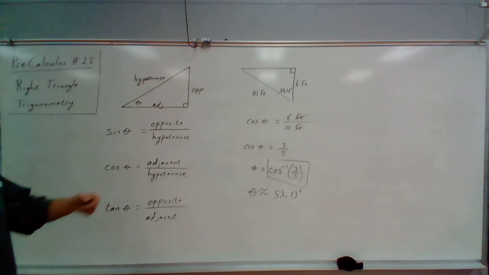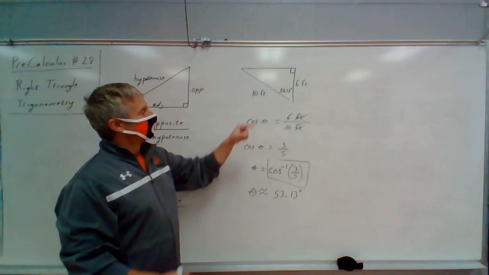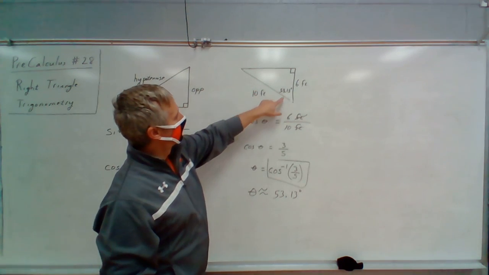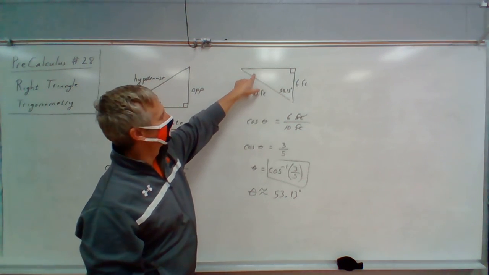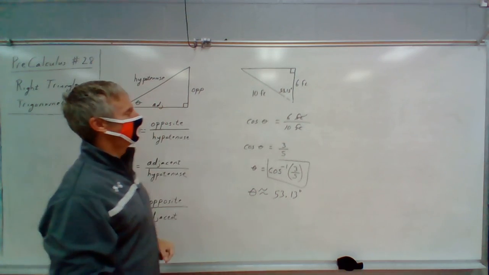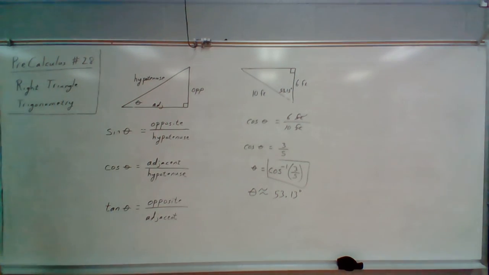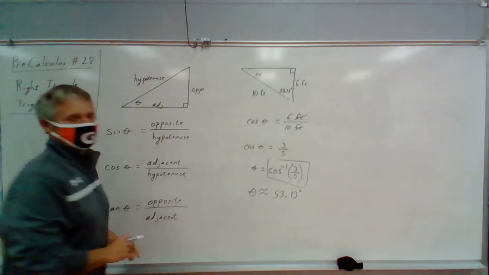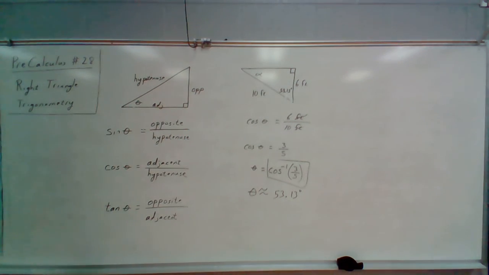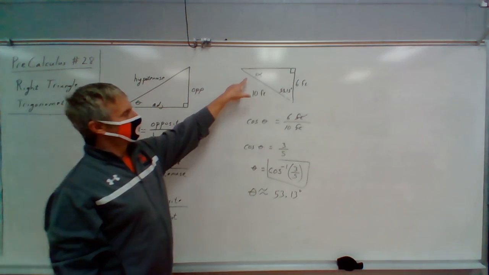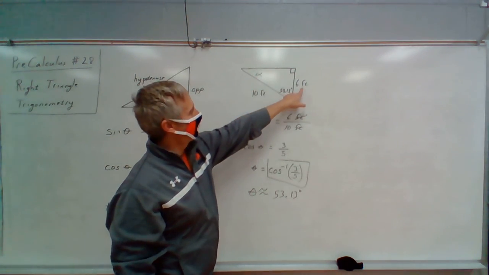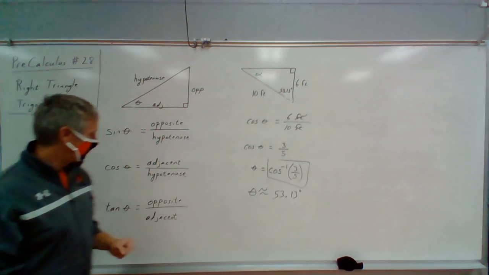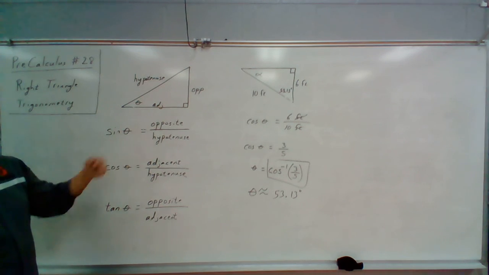All right, let's find this other angle up here. Obviously one way I could do it is just find the number that has to go here so that these two add up to 90. But let's use trig just for practice. So say I want to find this angle. Let's call it alpha. Relative to alpha, I know the opposite side and the hypotenuse. So that's sine.